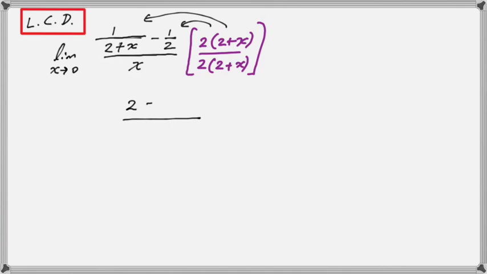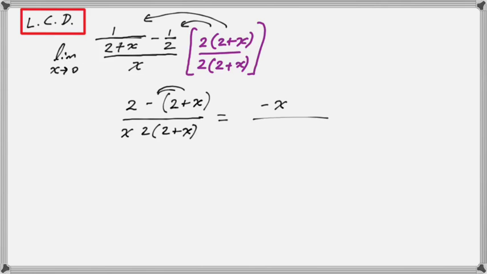When I multiply here, the 2's cancel, leaving me 2 plus x. But I have to use parentheses whenever I subtract. On bottom, you have all of this stuff. Simplify the top. 2 minus 2 is 0.